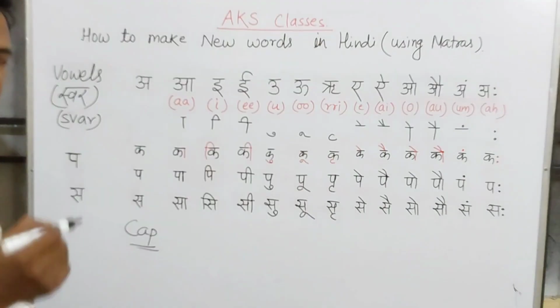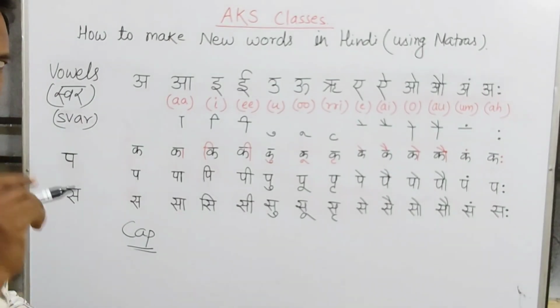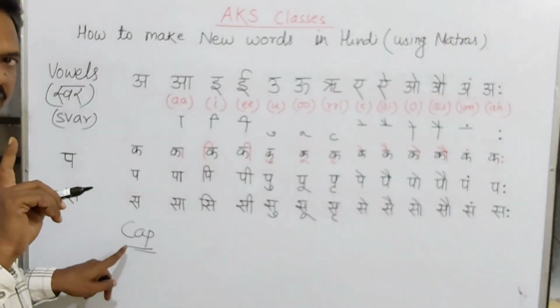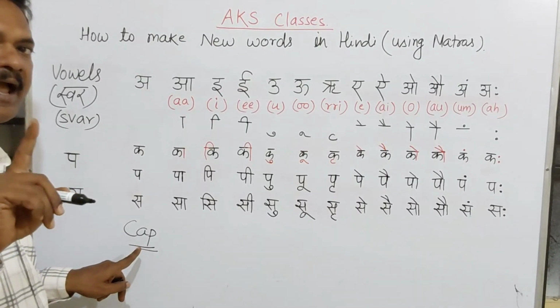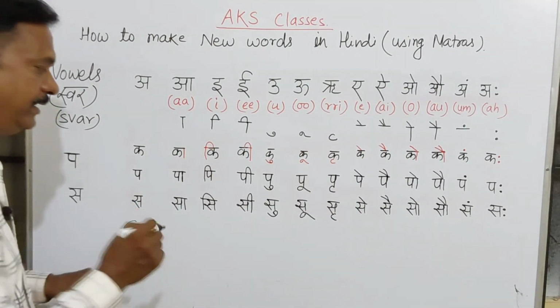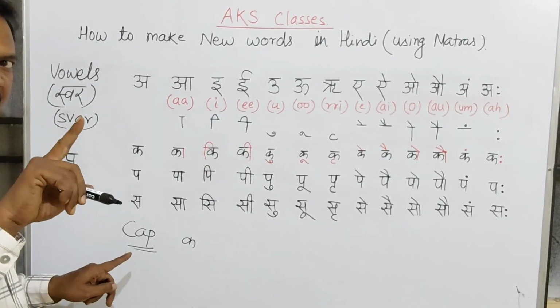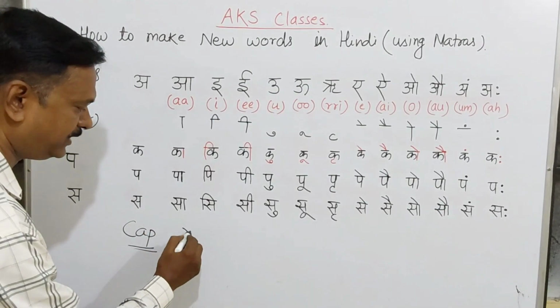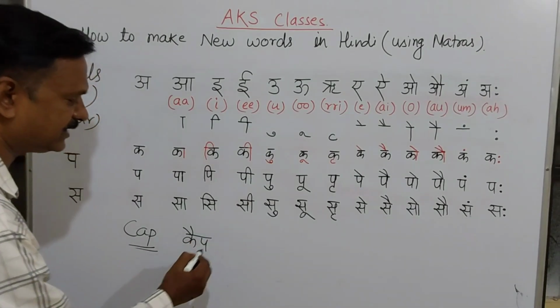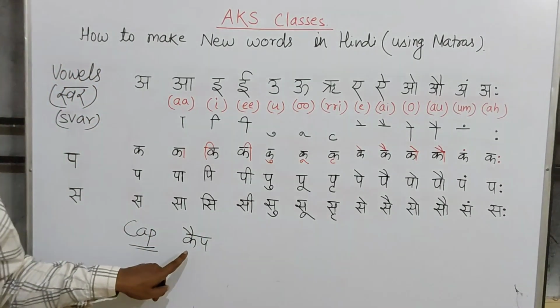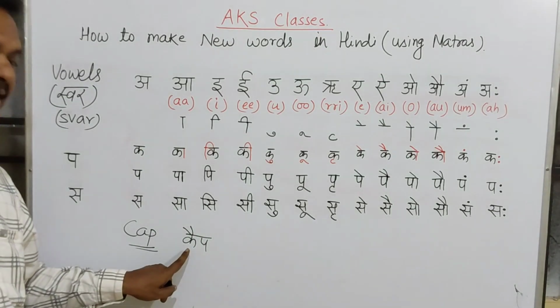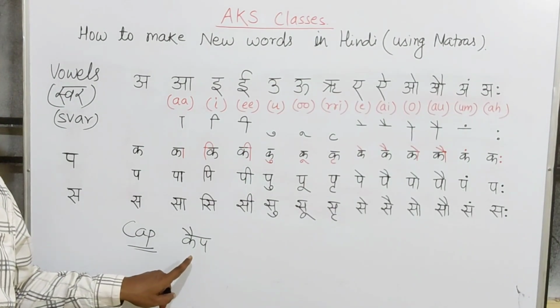How can we write this cap in Hindi? Please understand what we are doing. It is cap. K plus a. K sound is there. A sound is there. So it is ka and p sound is there.